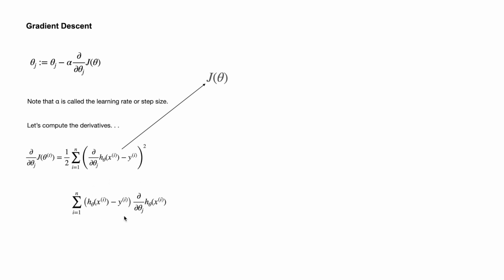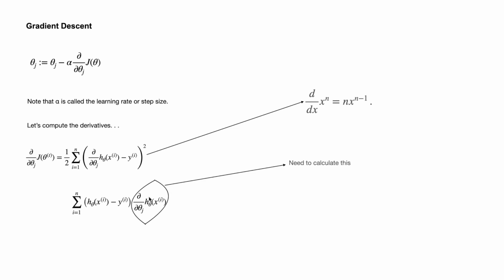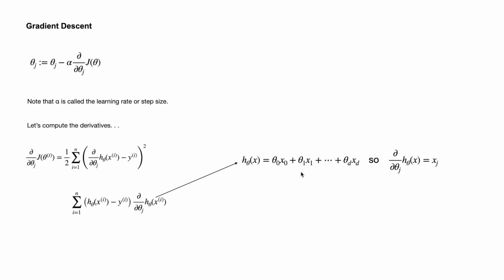The next step is where we calculate the derivative of our hypothesis function. We know that the derivative of x^n equals n x^(n-1), so from this formula we got this. Now we want to do the derivative operation on our hypothesis function, which is theta 0 x0 plus theta 1 x1 and so on.